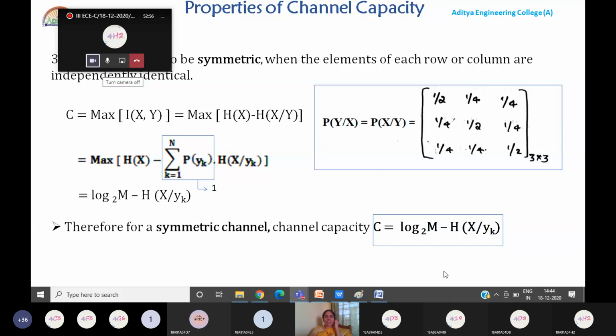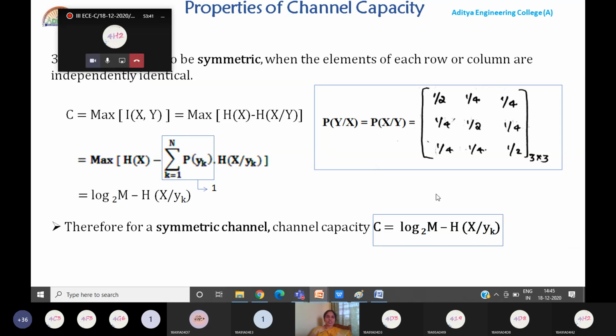So the third property of channel capacity is, for a symmetric channel, the capacity C is equal to log m base 2 minus h of x by yk, where h of x by yk represents the average conditional entropy of transmitter knowing the yk event.